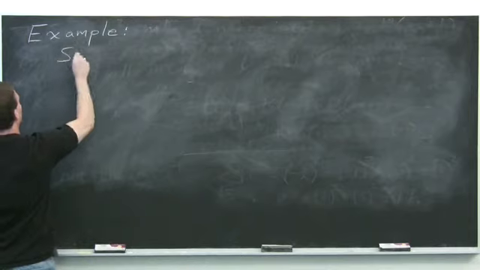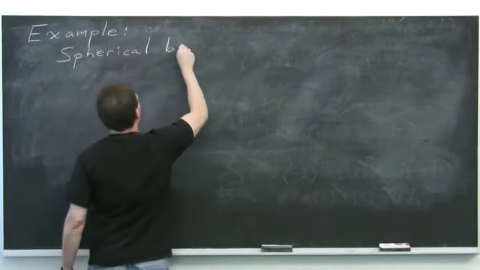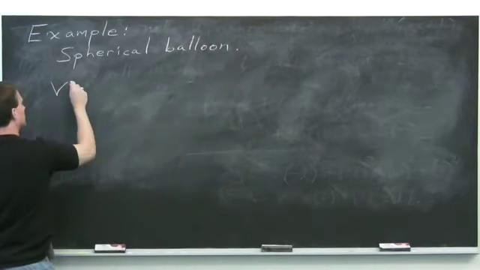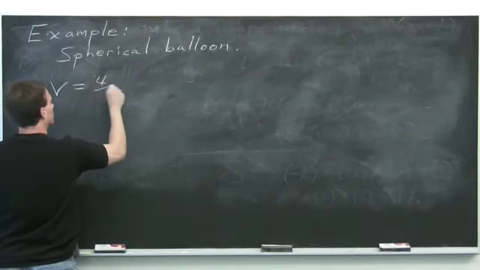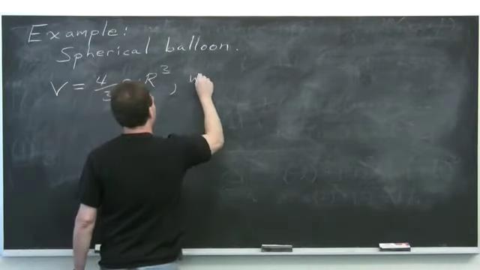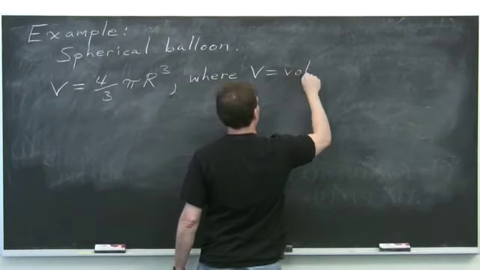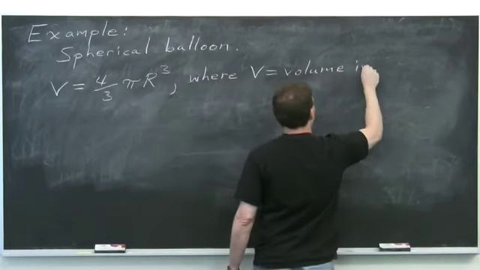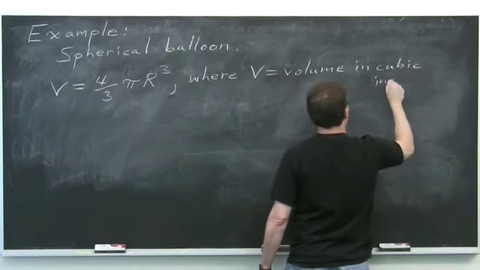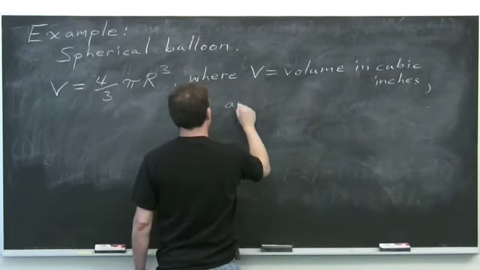So I have a spherical balloon. Its volume, since it's a sphere, is V = 4/3 pi r cubed, where V is the volume in cubic inches and r is the radius in inches.